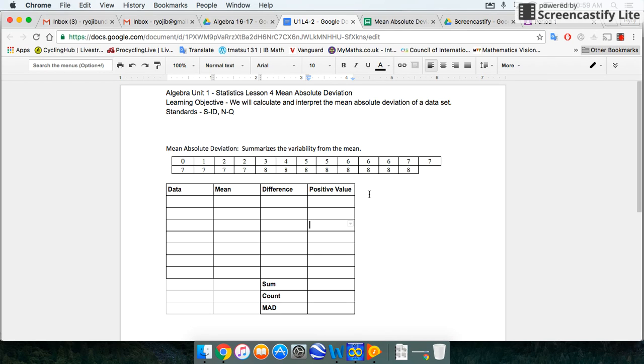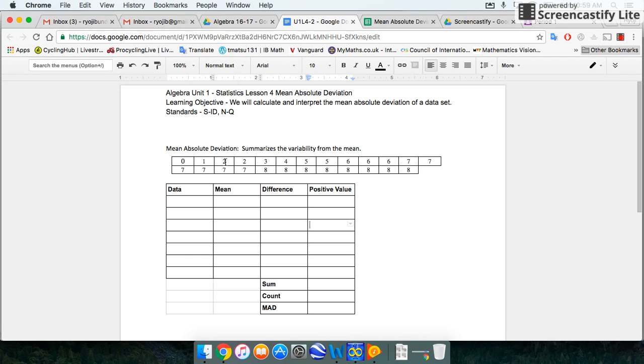The mean absolute deviation is a complicated name, but all it really means is that we're summarizing the variability from the mean. So we've gone through and we've calculated individual variability, which is how far each of these individual data values is from the mean.